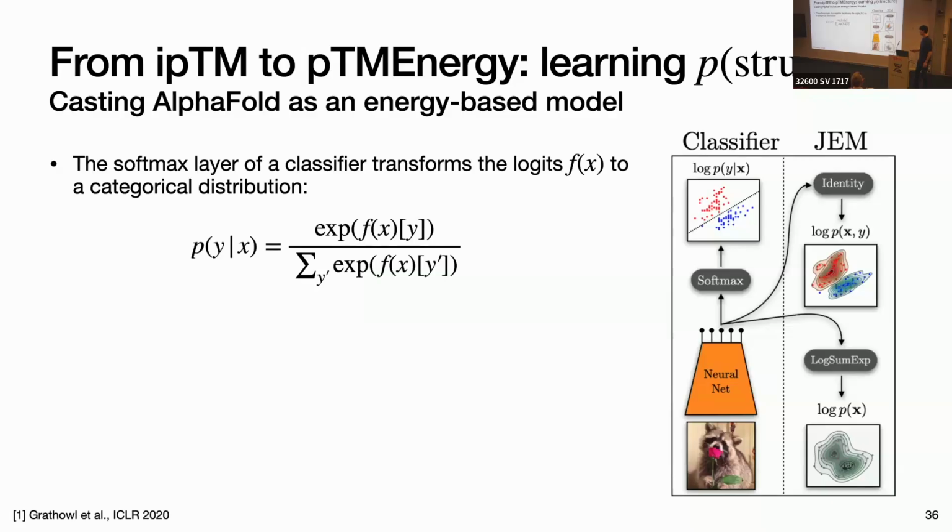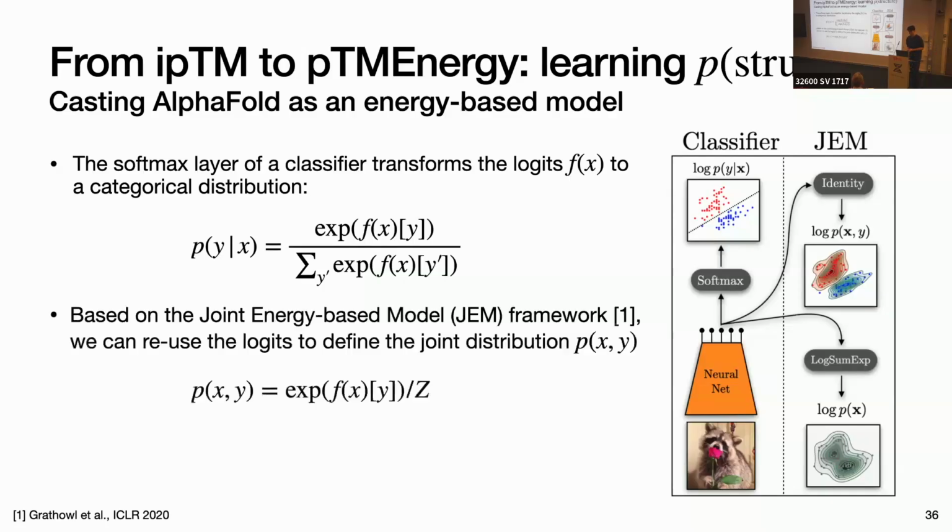What they showed is that if you ignore the softmax and take the logits before the softmax, you can actually get a log likelihood of your input object. This is what they call the joint energy modeling framework. Basically, they observe that the normalizing constant, the softmax operation, you can do some math and reformulate it, using these logits to define a joint distribution p(x, y), where x is the input and y is your class.